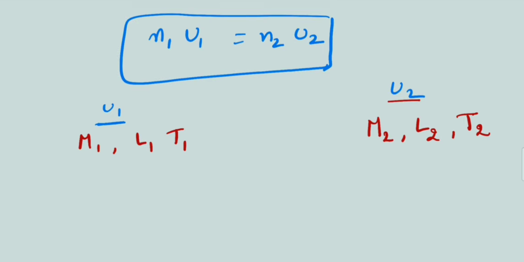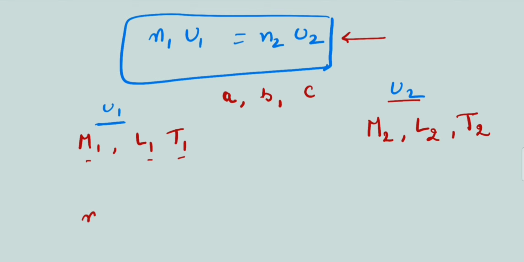The powers of that physical quantity will be the same. These powers of mass, length, and time for both systems of unit will be the same. Let me take the power of mass as a, the power of length as b, and the power of time as c. We'll put all these values here in this equation.